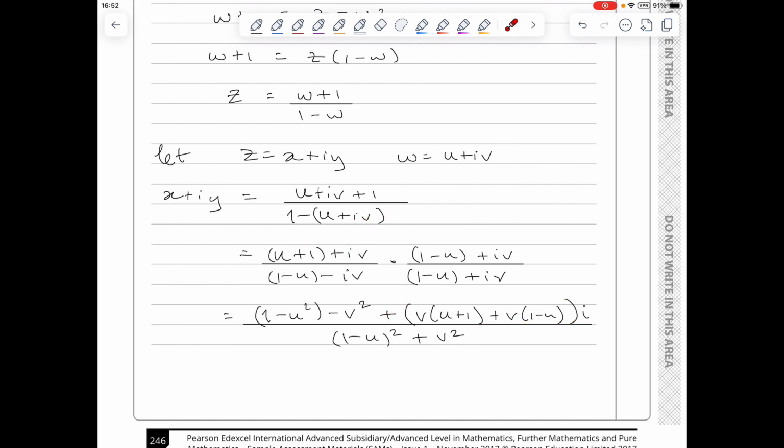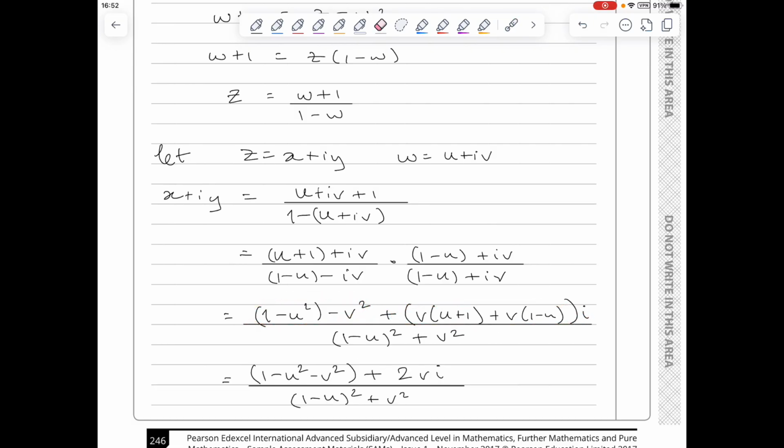Now for the denominator, I get (1 minus u) squared plus v squared, which is essentially minus i squared v squared. These two products will cancel out. And if I simplify now the real and the imaginary part, I will get the following: 1 minus u squared minus v squared for the real part, plus 2vi, over (1 minus u) squared plus v squared.